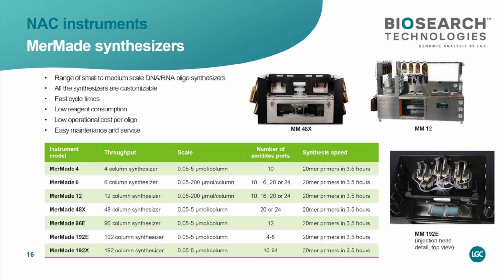Cycles for DNA, for example a 20-mer primer, will take up to 3.5 hours total. It doesn't matter if you're making one oligo or 196 oligos. The speed is determined by how long it takes from the D block to the D block.